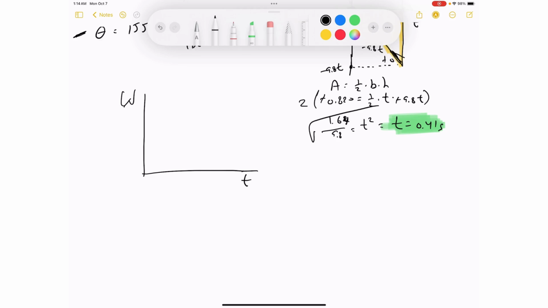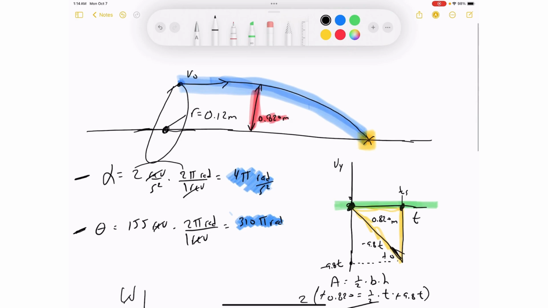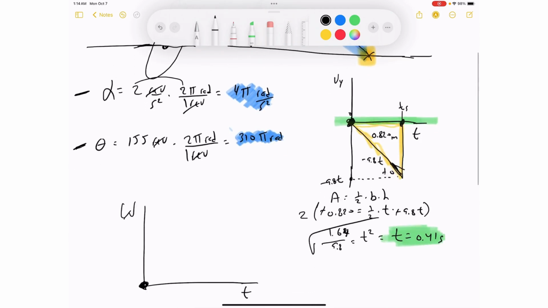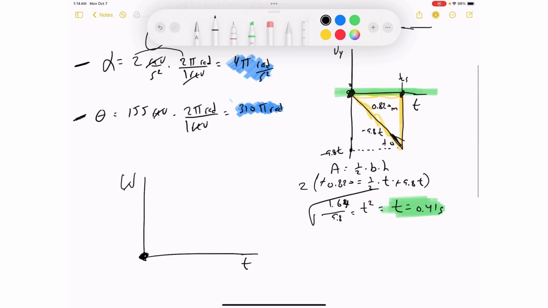So what was the velocity initially of the whole thing? Well, it's 0, right? So I'm going to put this at 0. And then do I know its acceleration? Yeah, I already had it up here. It was 4 pi radians per second squared, right? And that's constant. Is it changing? No, it's just a constant value.